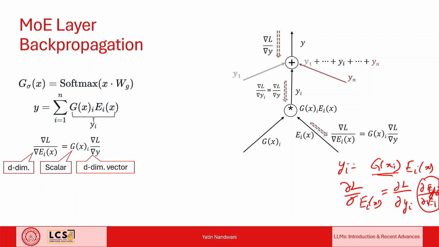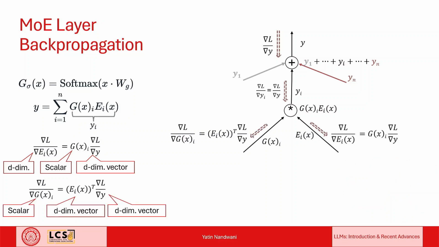Similarly for G of Xi, which is the router probability, we get the expert output transpose times the derivative of the loss with respect to Y. You can easily match the dimensions and see that this is correct, and this is nothing but the simple chain rule that we have applied.